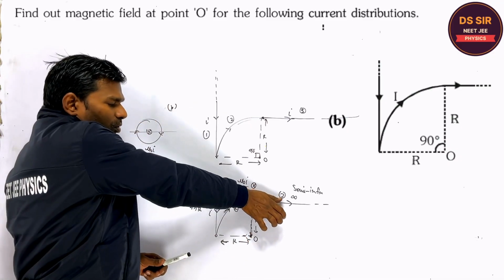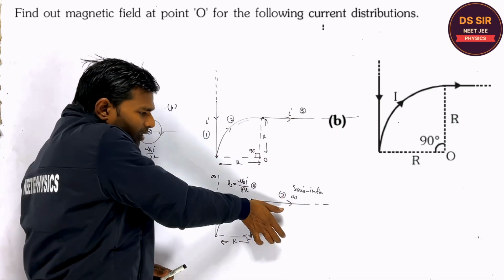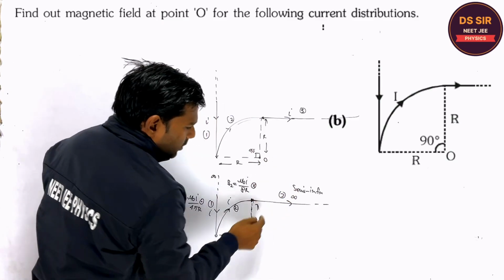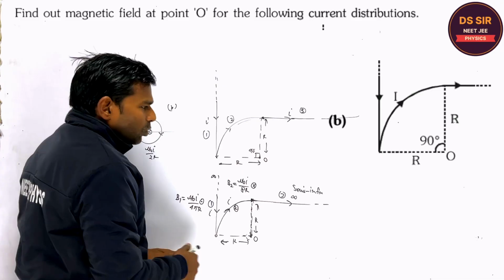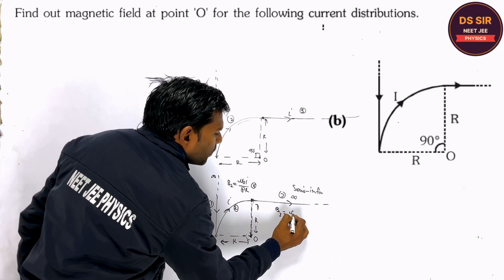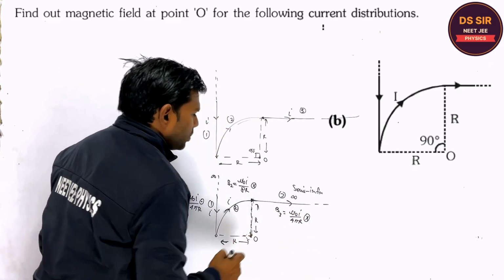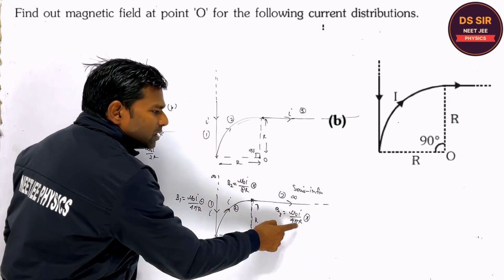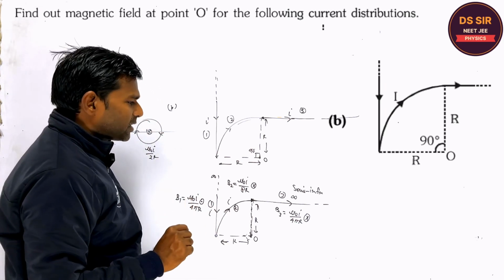Mu naught I upon 4 pi R. This is the current carrying wire. On this side it is into the board, on this side outside the board. But the point O lies on this side. So because of this, mu naught I upon 4 pi R, and this is into the board. Is it clear or not? This is out, this is in, this is in. So for the total magnetic field, you have to take the vector sum.